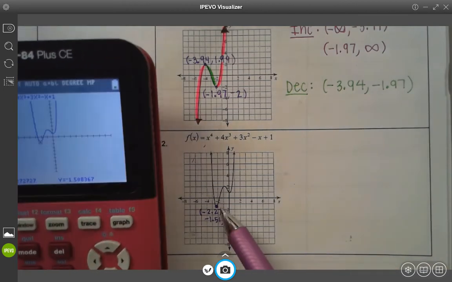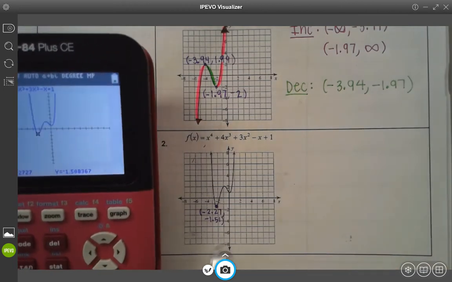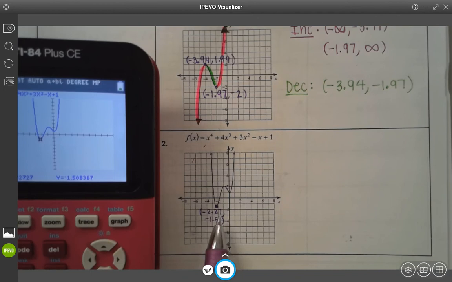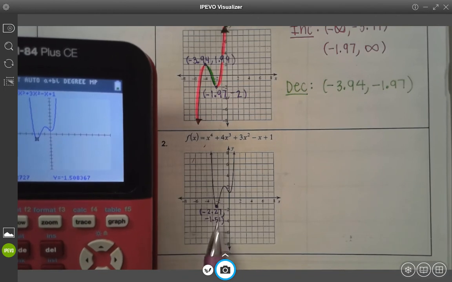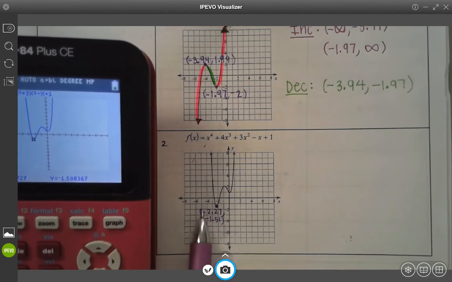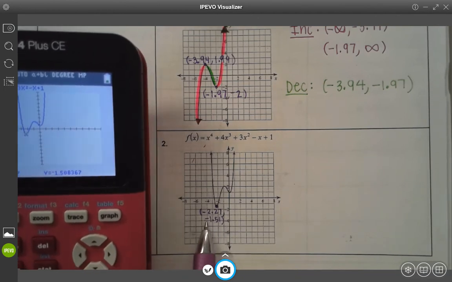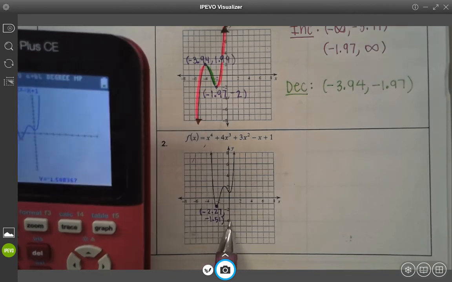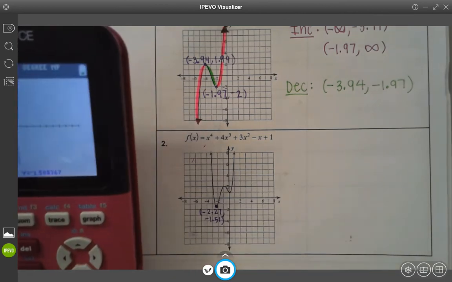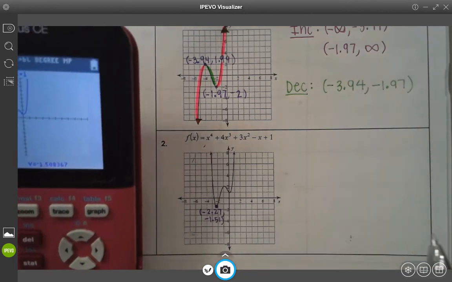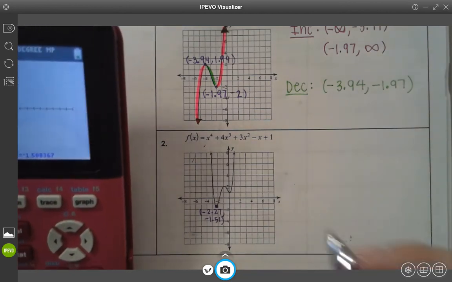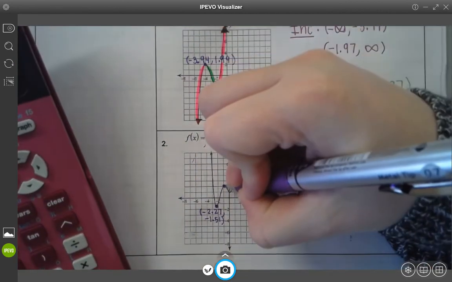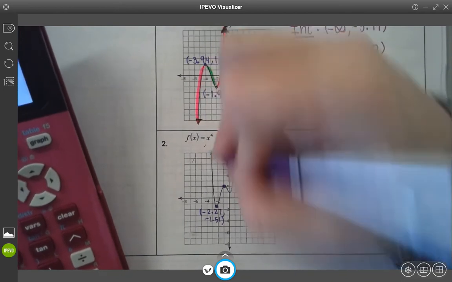So this first one here on the left is negative 2.27 for the x value, and then the y value is negative 1.51. I know it's kind of hard to see what you're writing and to get it all to fit in there, but do the best you can. Might even need to go sideways.